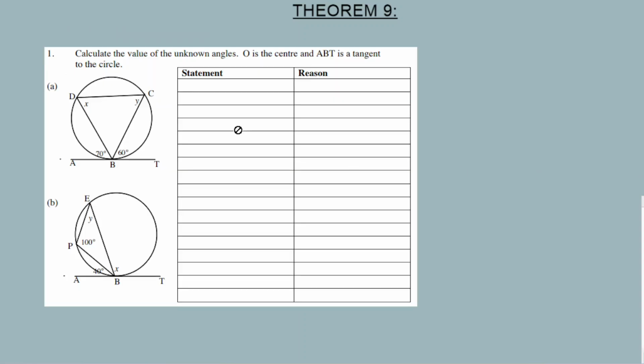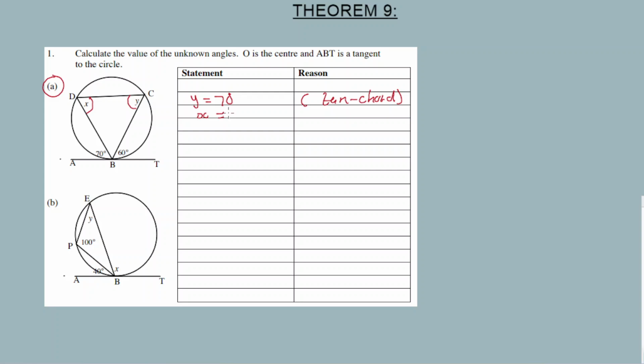Okay, I started an example again, maybe example 2. Here in example A we want to calculate x using theorem number 9, and calculate y using theorem number 1. Y is equal to 70 degrees, tan chord.